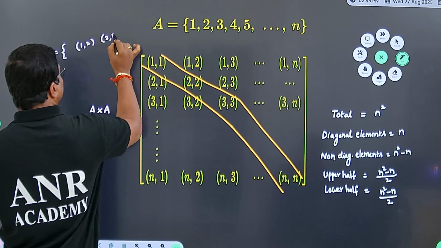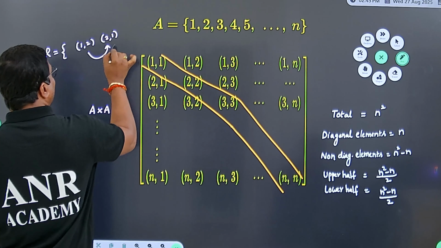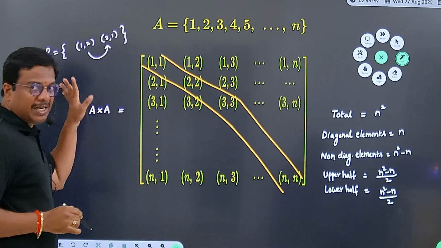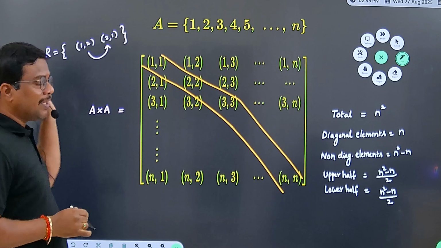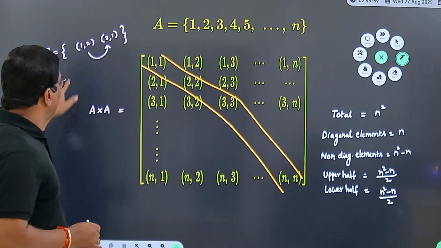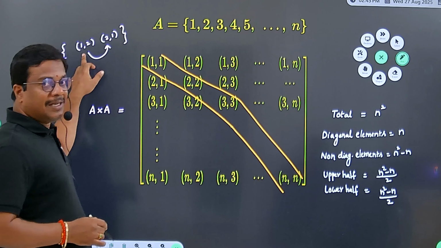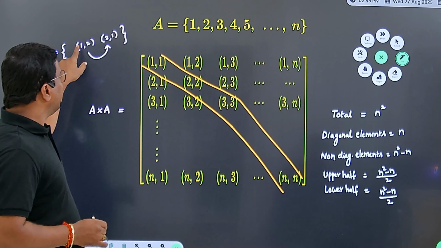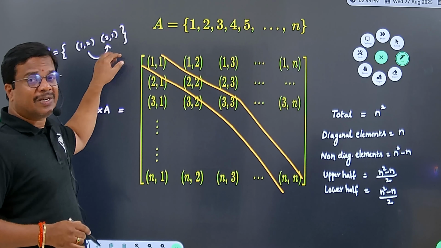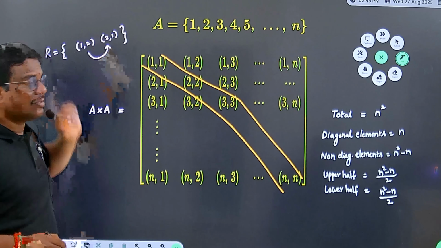Automatically, if it is symmetric, 2, 1 is also present in the same relation. What I am observing here is that if you select only one non-diagonal entry, then automatically its reverse 2, 1 must also be present in that relation.